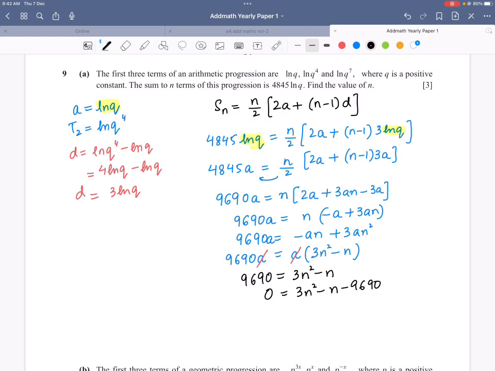So a is 3 and b is -1 and c is -9690. After solving, we will get n is equal to minus 56.67 and n is equal to 57. Since all numbers are positive, we are going to consider n equal to 57, and that will be your answer.